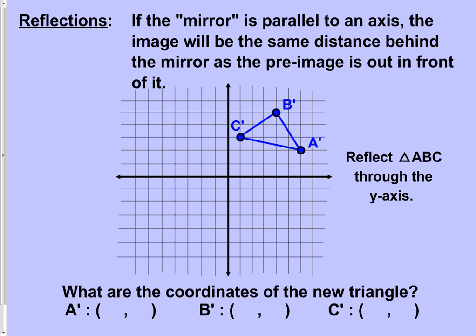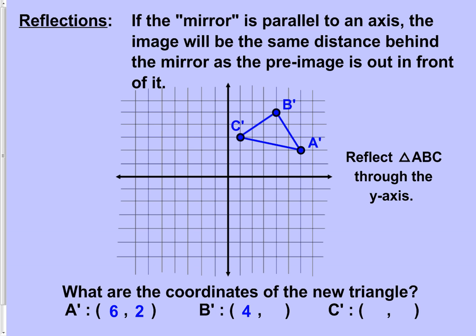Okay, and obviously in this case, since the y-axis was the mirror, it's the x values that have changed. The y values are the ordinates. They are the same amount above the x-axis as they were before the reflections. So all we really have to do is worry about the x values. Okay, so our point A prime is 6 units now on the positive side of the x-axis and still 2 units above the x-axis.